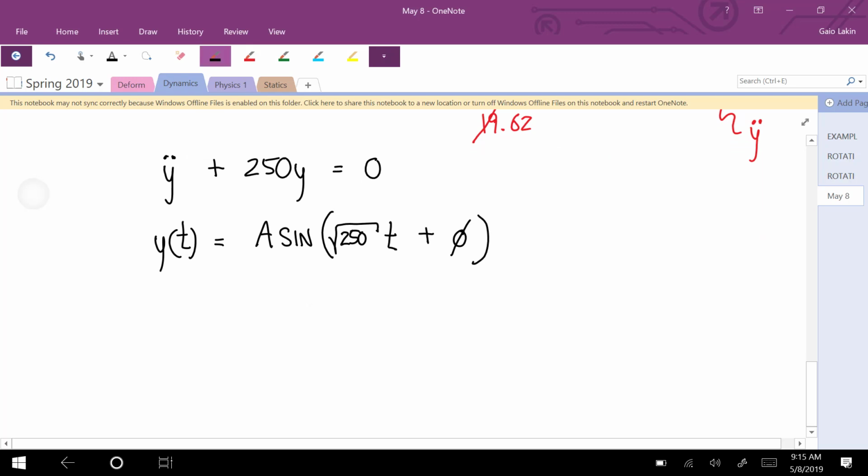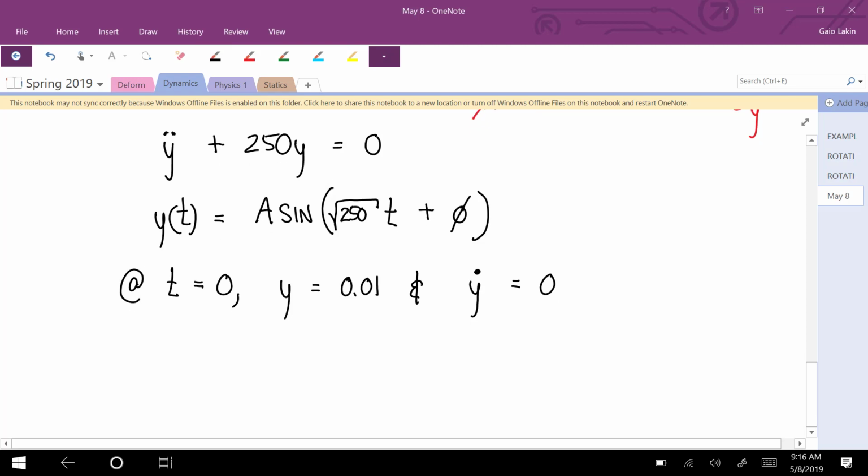So at time equals 0, y is equal to 0.01 and y prime is equal to 0. Y prime, y dot, this should say, this is the time derivative. So y dot equals 0 says that it starts at rest. Y equals positive 0.01 says that it's released 1 centimeter above the equilibrium position.